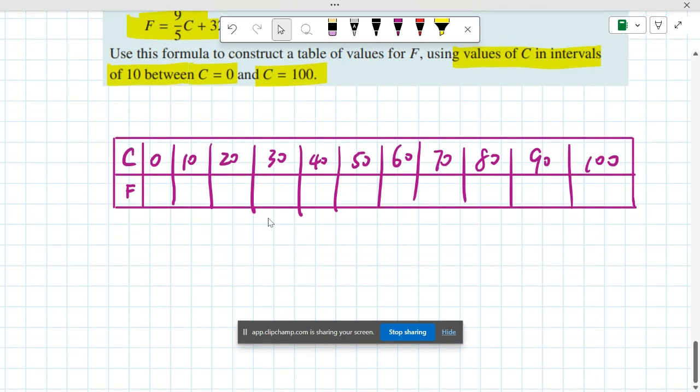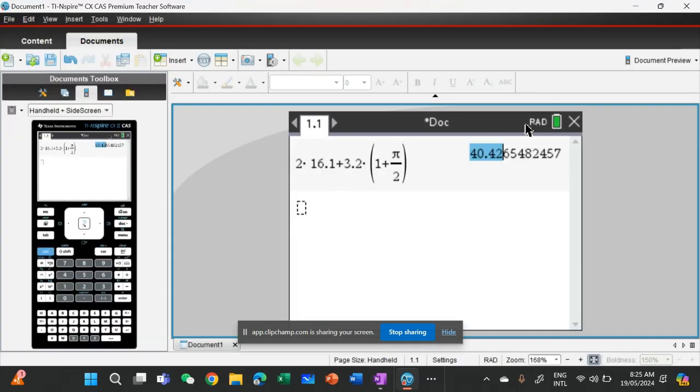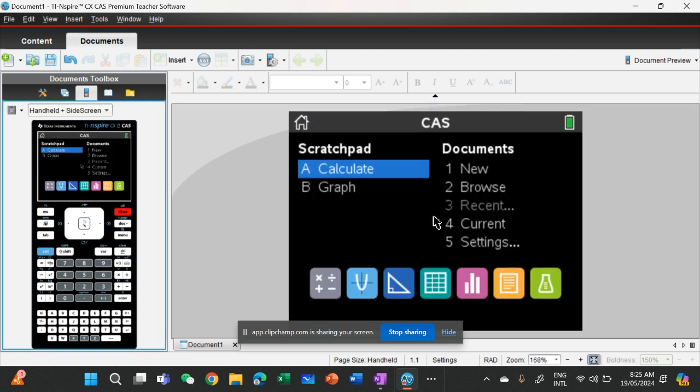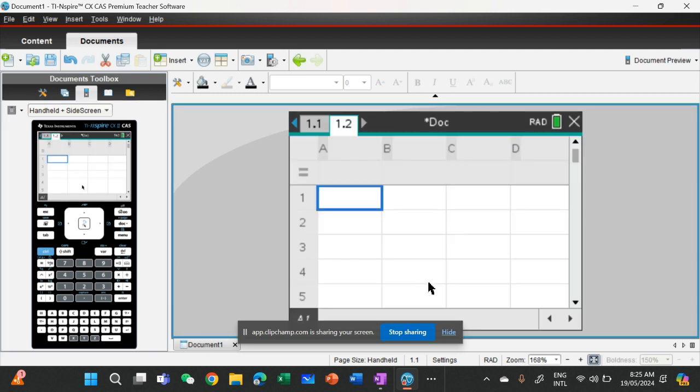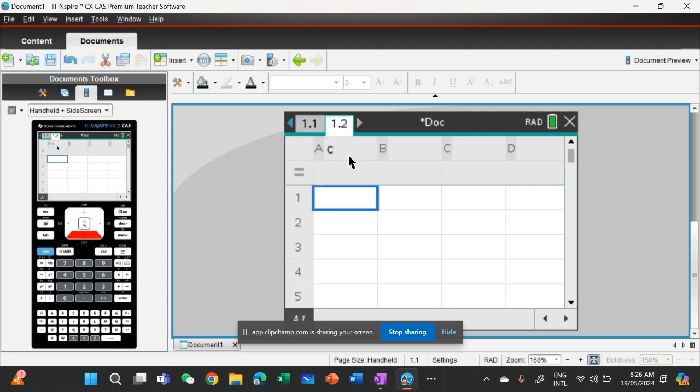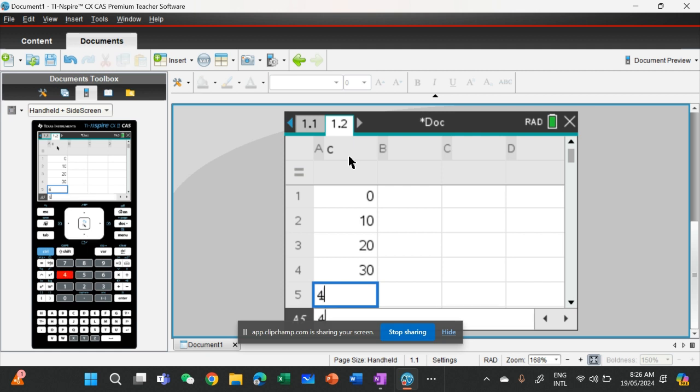We go back to the CAS calculator and start from the lists and spreadsheets. I want you to name the first list C, it doesn't have to be capital, just C, and enter 0, 10, 20, 30, 40, 50, 60, 70, 80, 90, and 100.